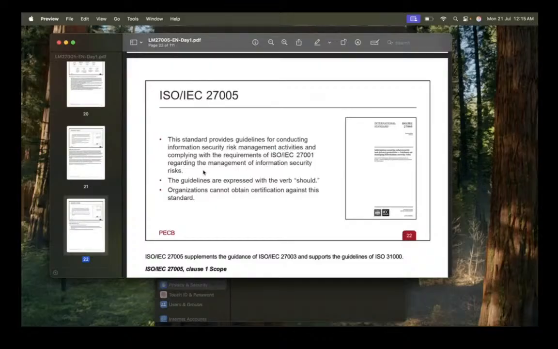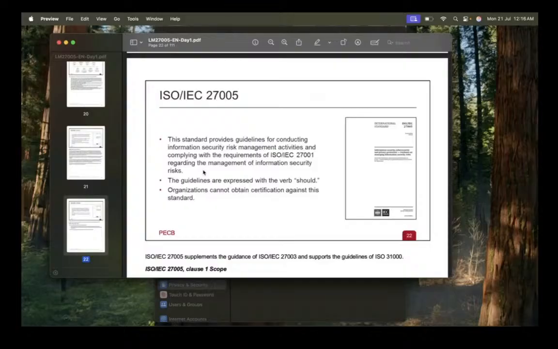The previous one was talking about the requirements of establishing and continuously improving the ISMS. And this one is a guideline on how to conduct information security risk management activities, and how to comply with the requirements of ISO 27001.